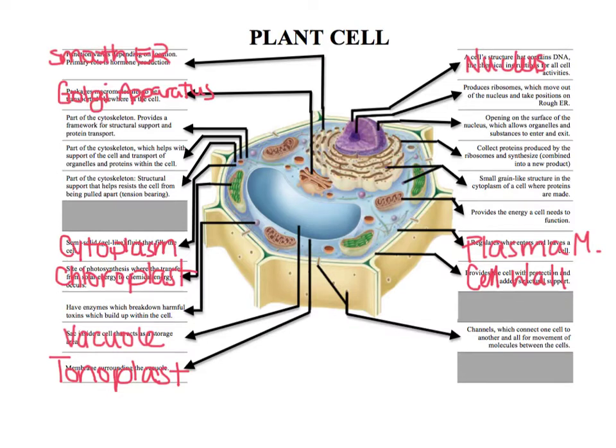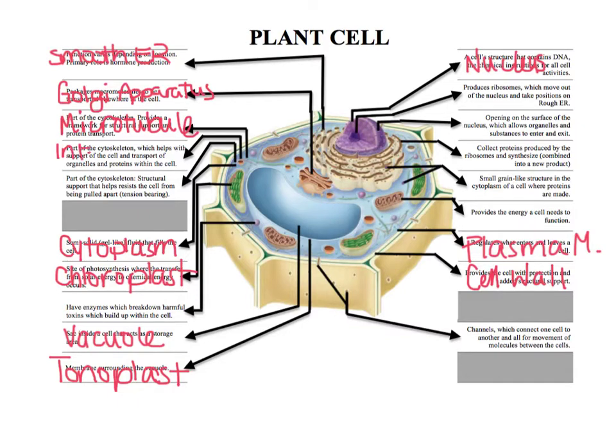Part of the cytoskeleton that provides a framework for structure and support, that's going to be the microtubules, or cytoskeleton microtubules. The next one down that's also part of the cytoskeleton is going to be the intermediate filament.